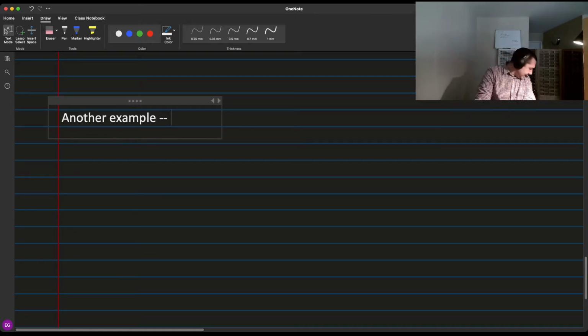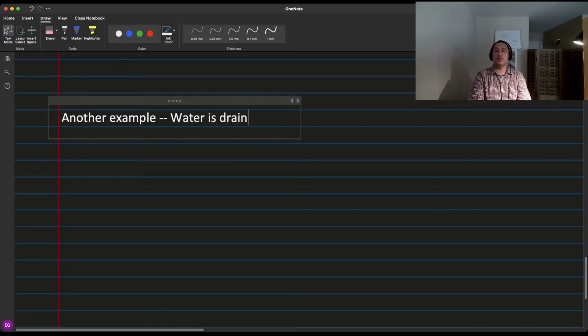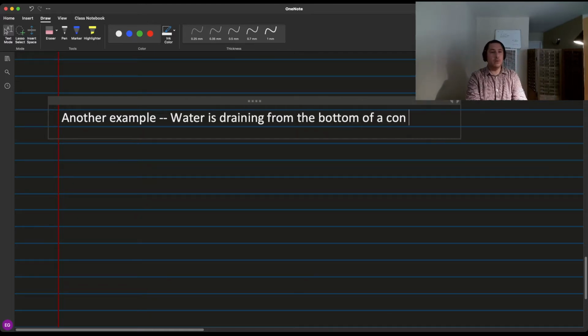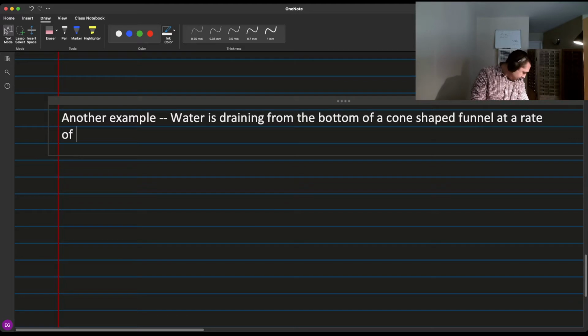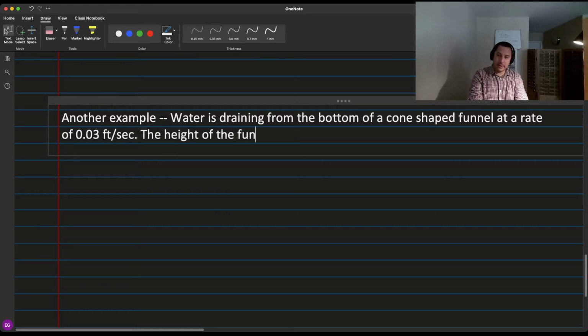So let's say that water is draining from the bottom of a cone-shaped funnel at a rate of 0.03 feet per second. The height of the funnel is 2 feet.